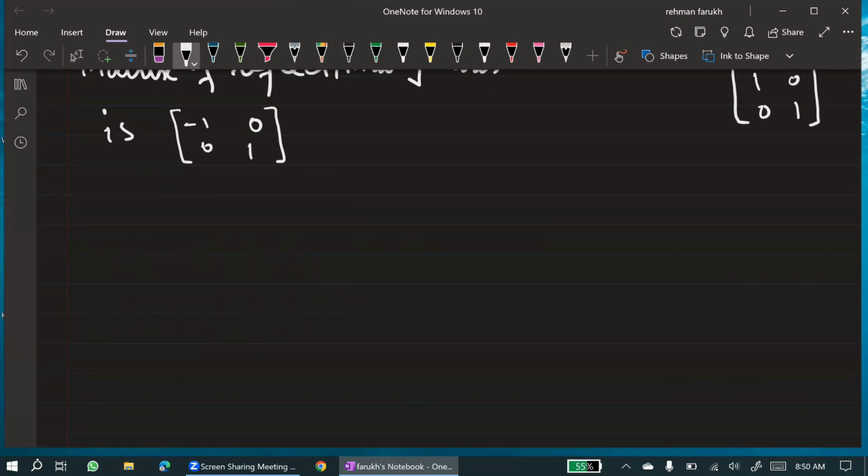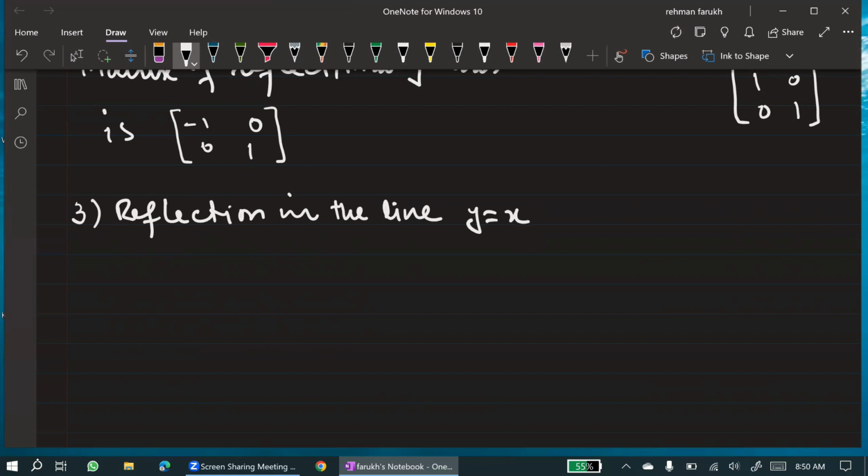Now the third reflection is reflection in the line y is equal to x. When there is a reflection in the line y is equal to x, we will interchange the coordinates.